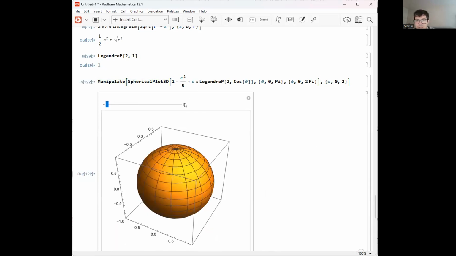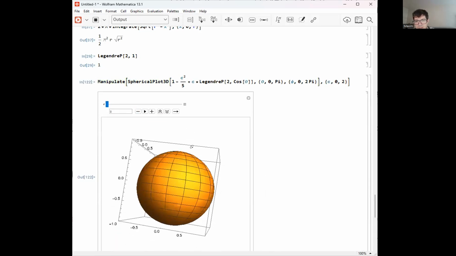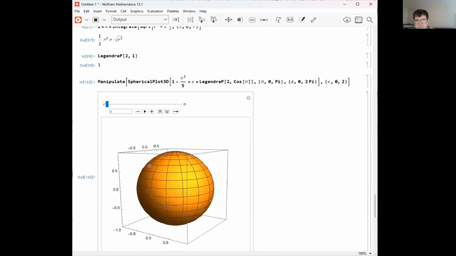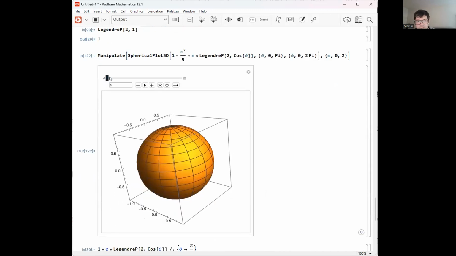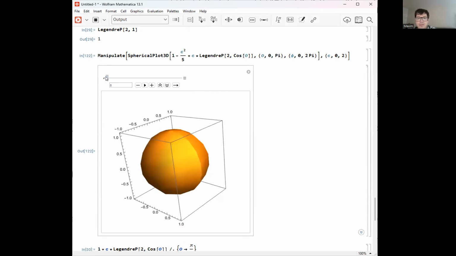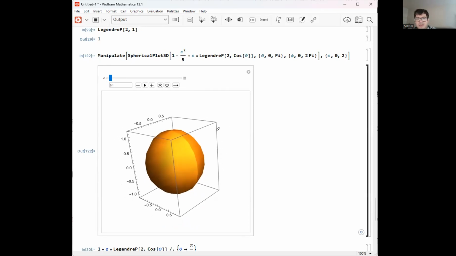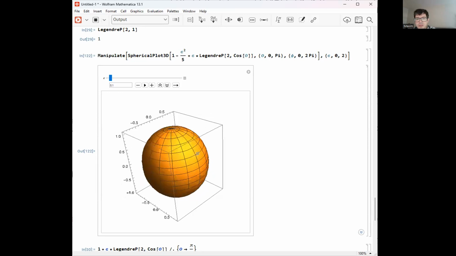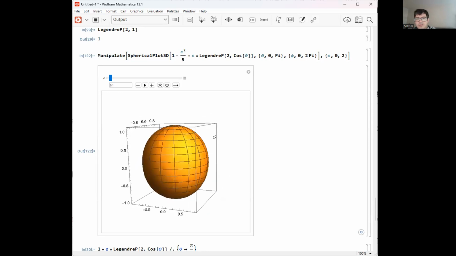So when epsilon is 0, you've got your sphere right here, and let's see what happens as you increase it. This is the lowest mode of deformation that would play a role in the energy. See what happens here. It gets skinnier, so it becomes more ellipsoidal.